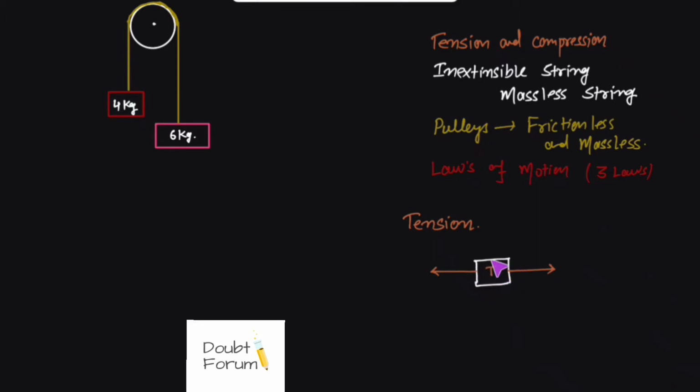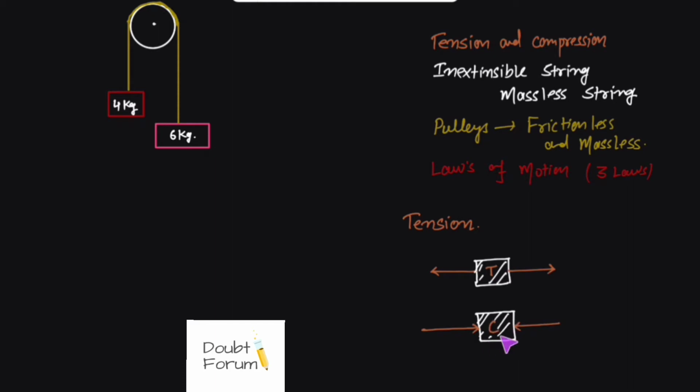Similarly, when two opposite forces are applied towards each other, not away from each other, they create compression inside the material of the object. In the first case they create tension, and in the second case they create compression.